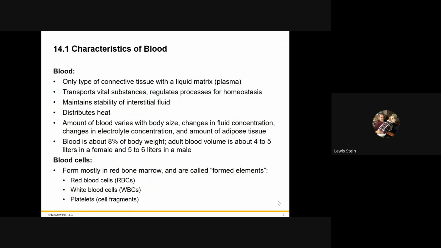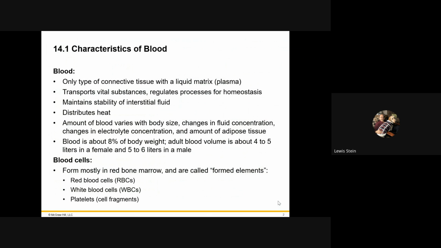That's really good stuff. The blood is a connective tissue. That may surprise you because we think tissue, we think solid, but tissue just means that it has cells, and Lord knows this has red blood cells, white blood cells, and cell fragments called platelets, and it has a ground substance that happens to be liquid, we call it plasma, and it has fibers.